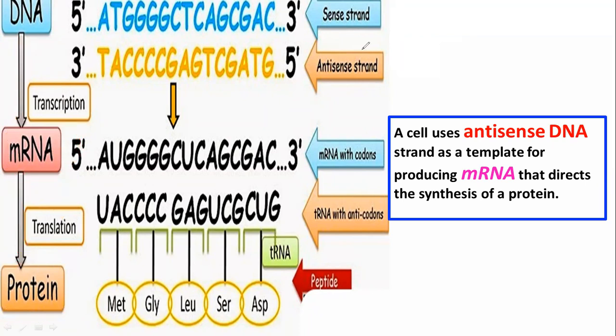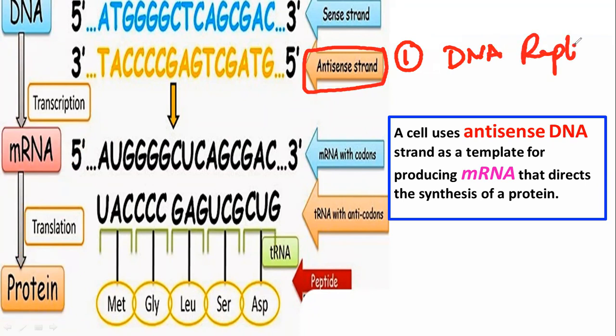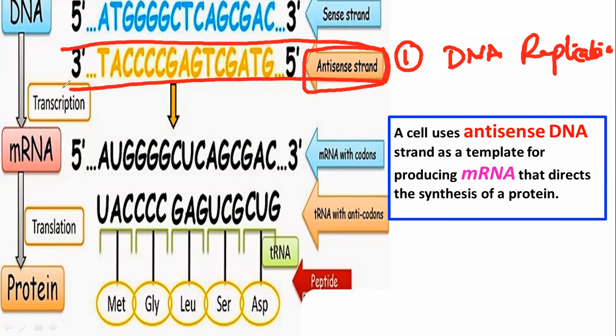Okay, if you look at this picture, you can see that the first step was the DNA replication and having the antisense strand. It was the starting of your interphase, so here DNA replication took place. After DNA replicated, this anti-strand is going to act as a template for the messenger RNA.